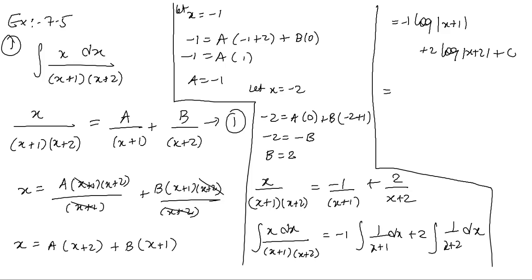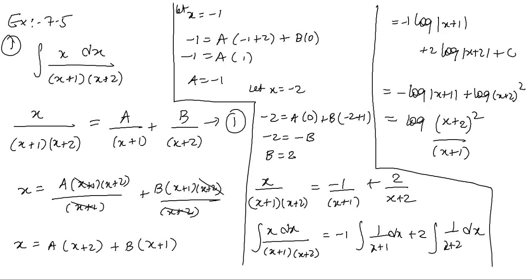So I can simplify this as minus log x plus 1 plus log x plus 2 whole square, and you can see that these two logs are in subtraction, so I can write this as log of x plus 2 whole square upon x plus 1. So this is your final answer.